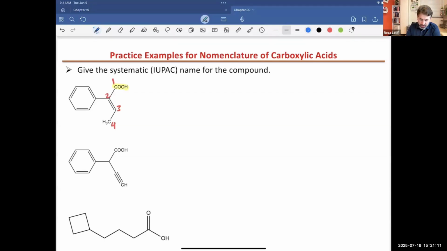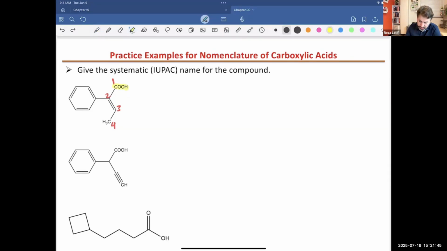And somebody might say, well, how come you didn't start from here and say 1, 2, 3, 4? Always give number 1 to the carboxylic acid, regardless of whether you have a double or triple bond. The carboxylic functional group always has to get the lowest number, or technically you start from there. And so I have a phenyl on the 2nd carbon, and there is a double bond as well.